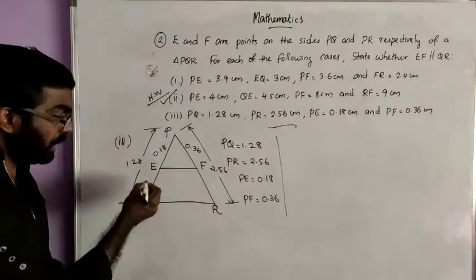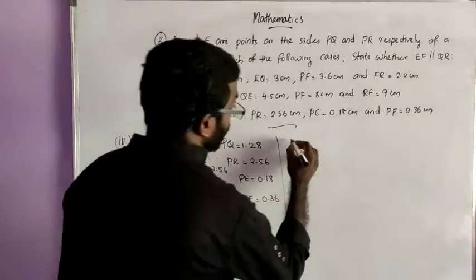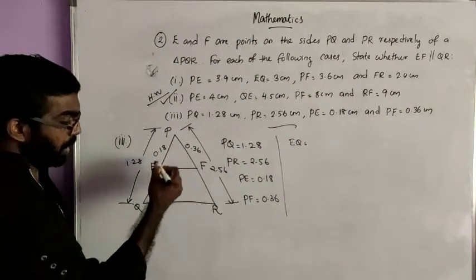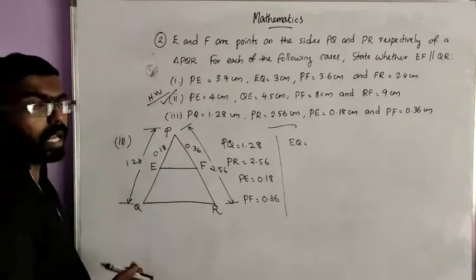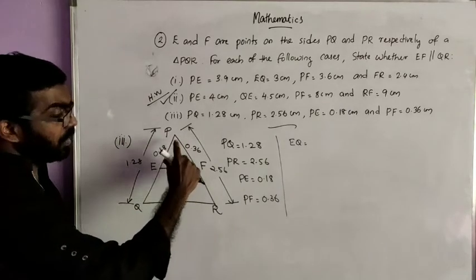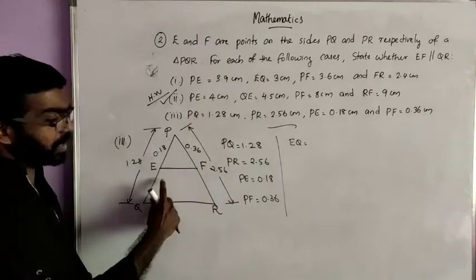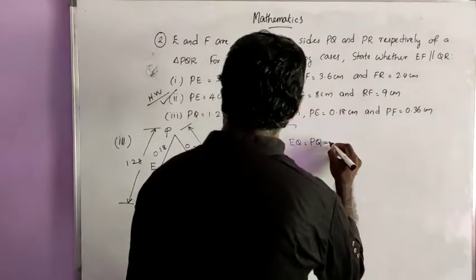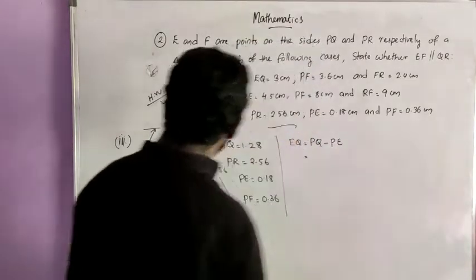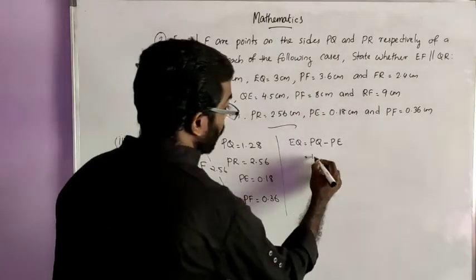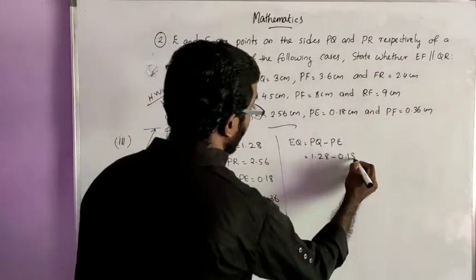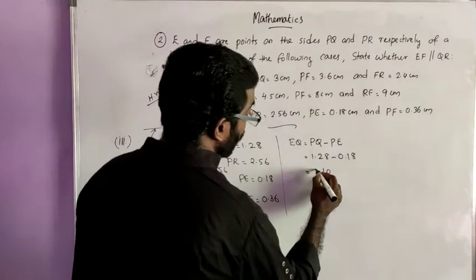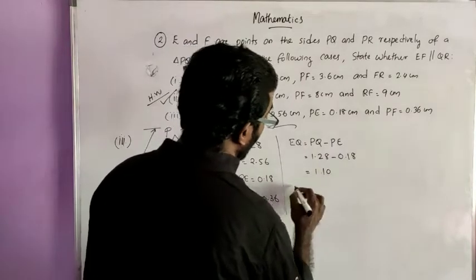Now we can find the length EQ. EQ will be equal to PQ minus PE. The total length PQ, and if we subtract PE from that, we will get EQ. Substituting the values, PQ is 1.28 minus 0.18, and that will be equal to 1.10.